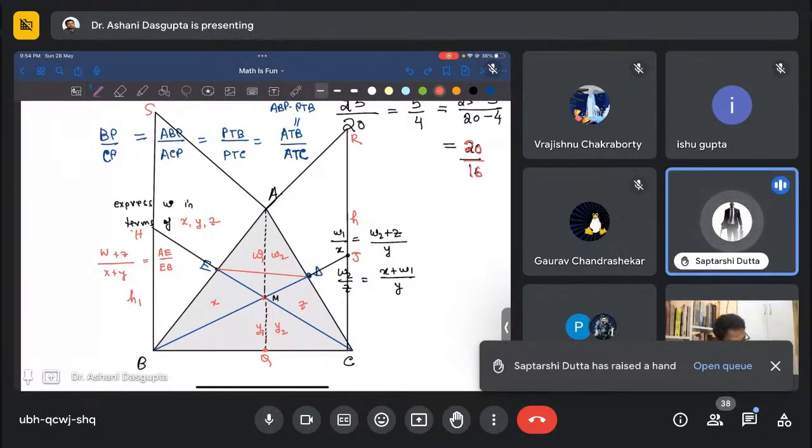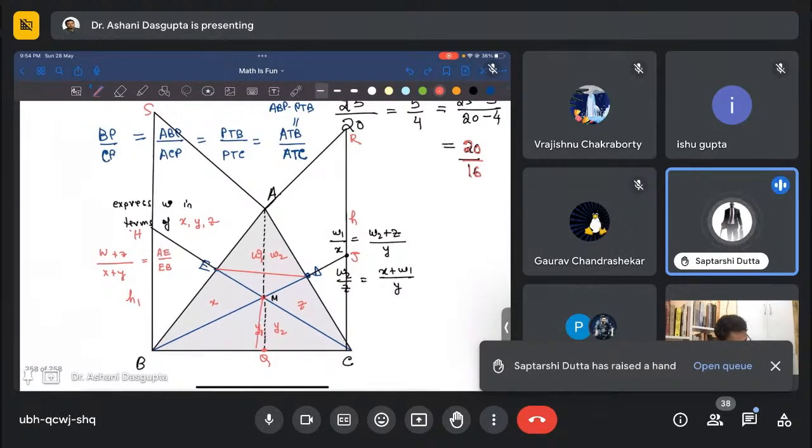Then we'll have 1 by H1 plus 1 by H2 is equal to 1 by H3, if you call that H3. Why?